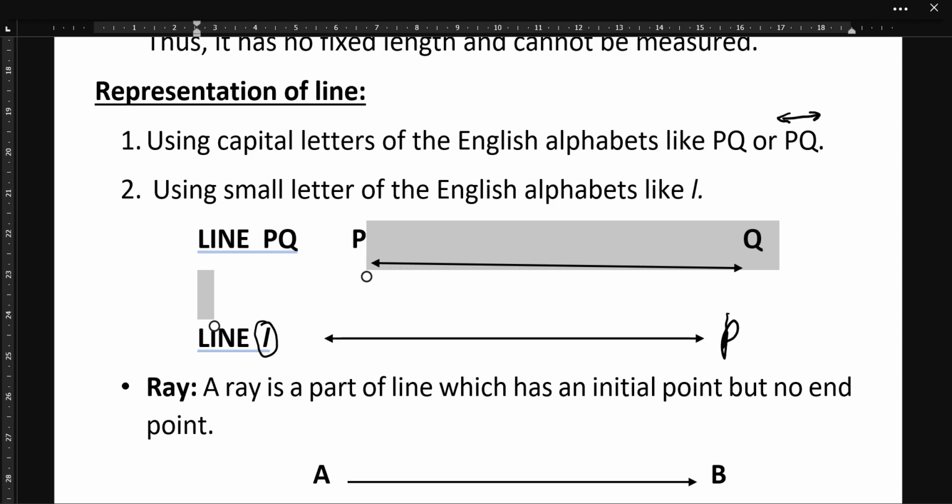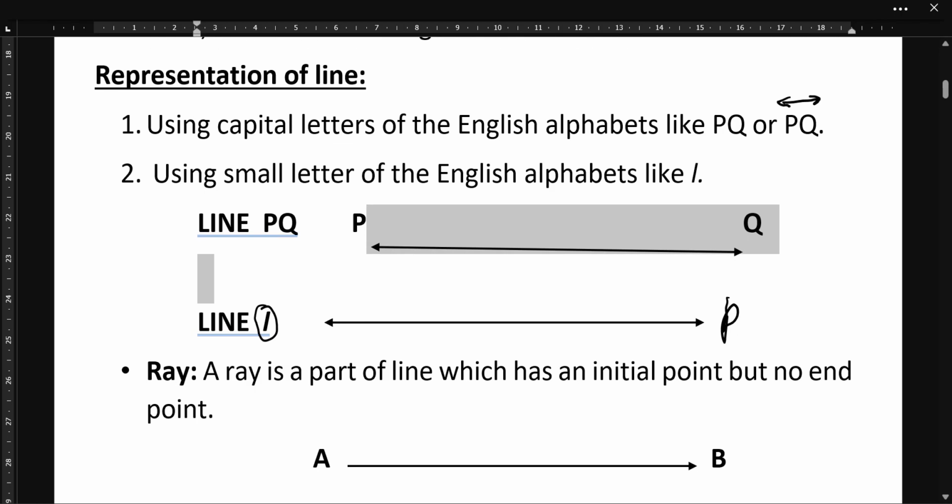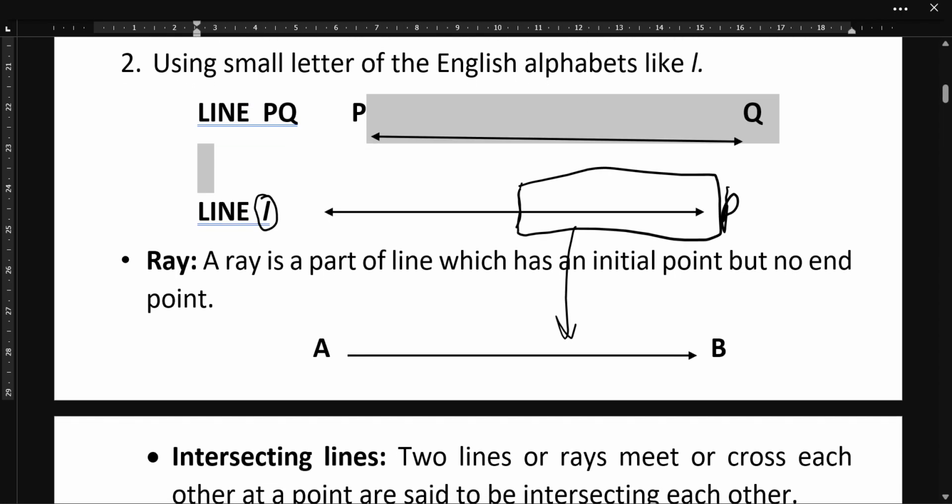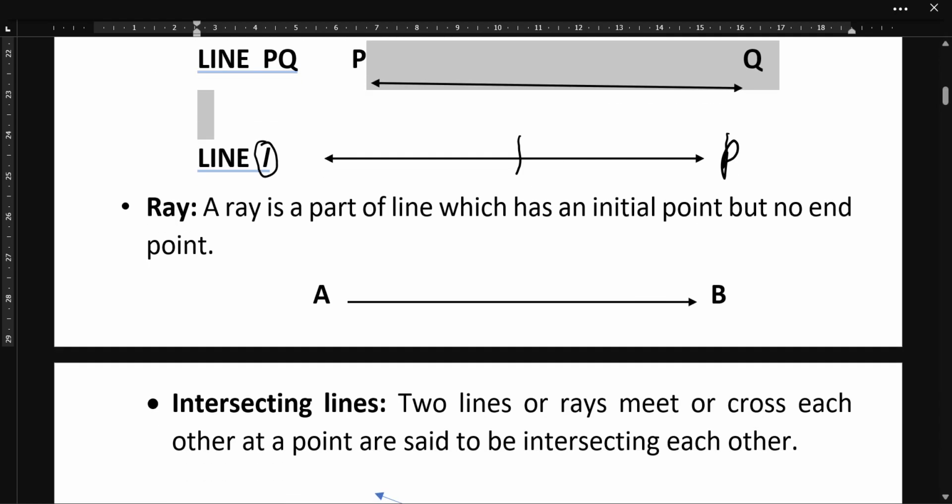Okay, so after the line, if we divide this line into two parts, then this portion of a line will look like this, and we will call it a ray. A ray is a part of a line which has an initial point but no end point. It looks like an arrow, and we will represent it as ray AB.